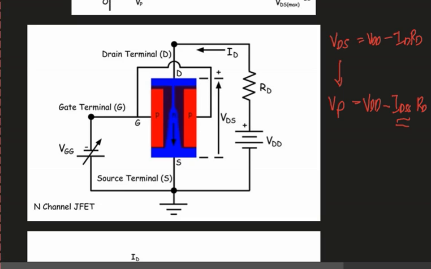Okay, so now in an n-channel JFET, take note that based on this representation or circuit, our gate terminal is connected to a negative potential.